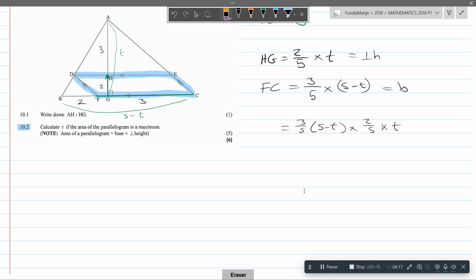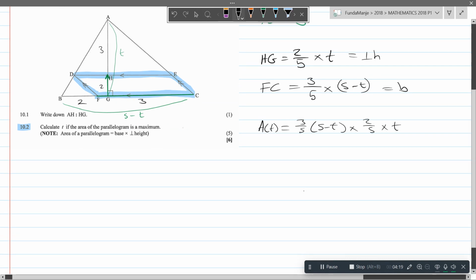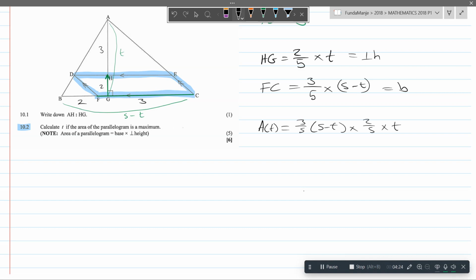So our area, as you can see, is dependent on the variable T. And we can simplify this. This 3 over 5 times 5 will give us 3 minus 3 over 5 T, and that whole thing will be multiplied by 2 over 5 T.